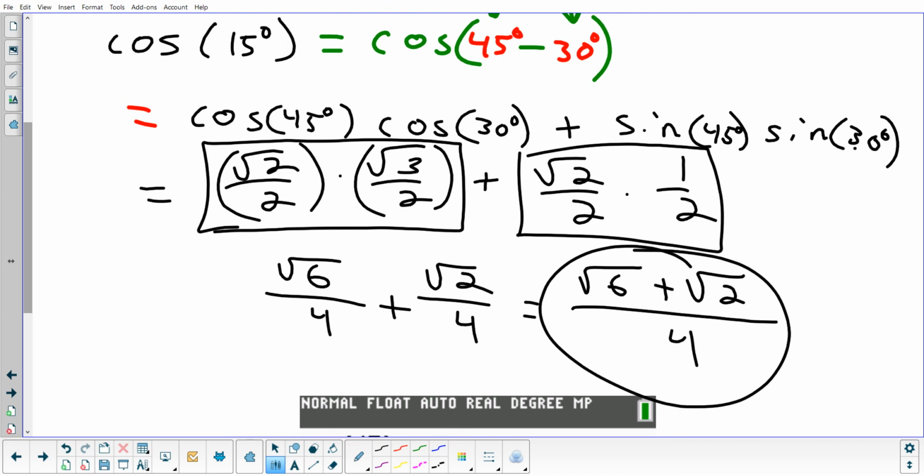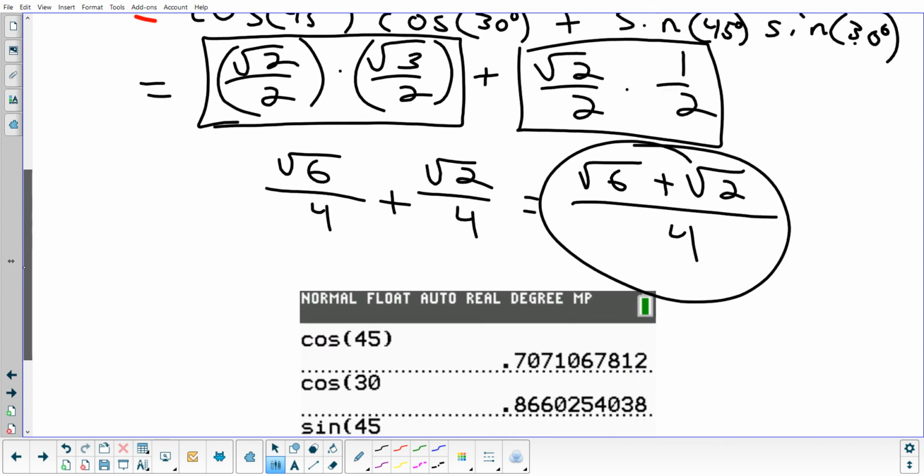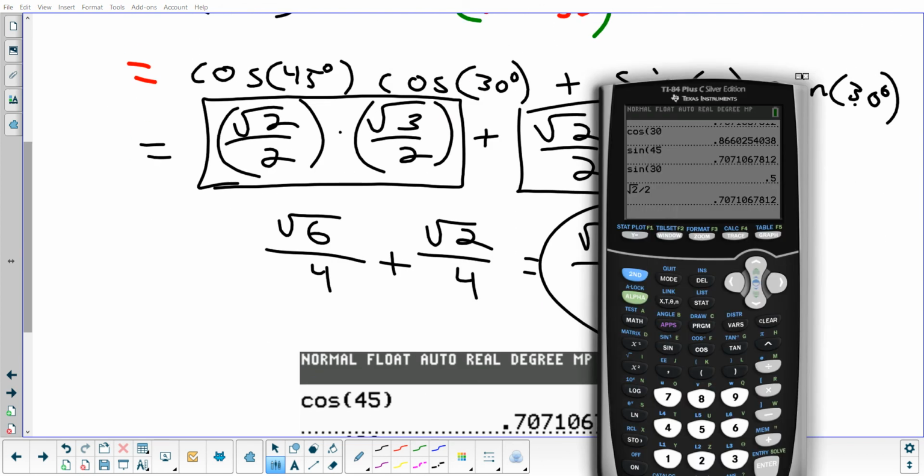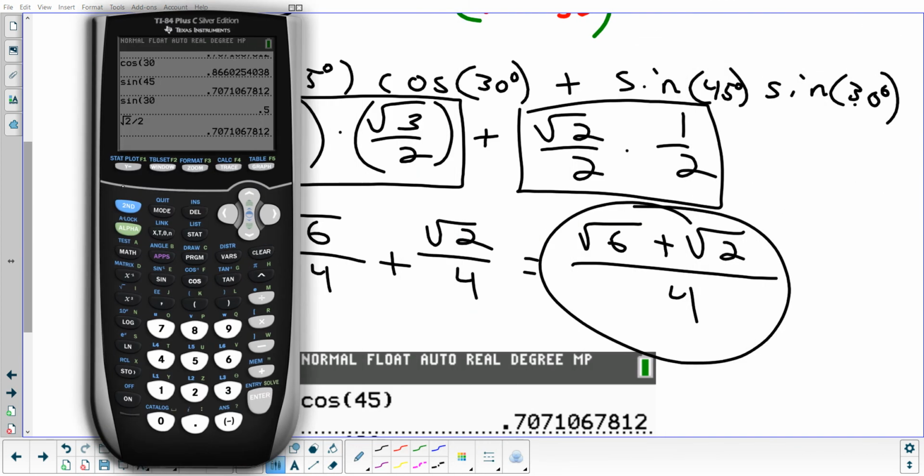Very easy to check that that's right. Let's type in cosine 15. You get 0.9659. Now, let's type in what we got and see if it comes out the same.